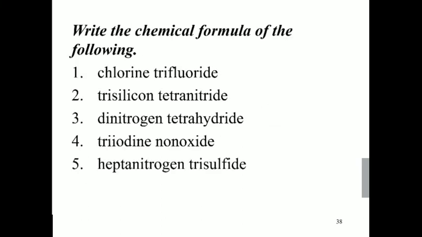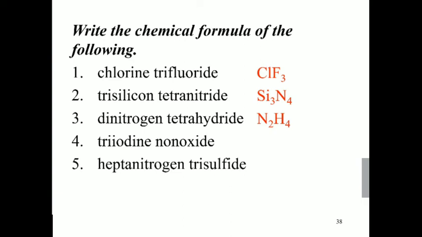Can you write the chemical formula of the following? Chlorine trifluoride is ClF sub 3. So we have 1 chlorine and 3 fluorine. You just take a look at the prefix that is used in the name. So trisilicon, tri means 3 silicon, Si3, and tetra means 4, so N sub 4. Di means 2, so we have N sub 2.